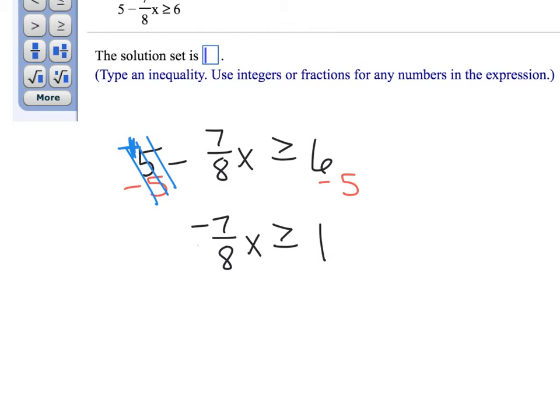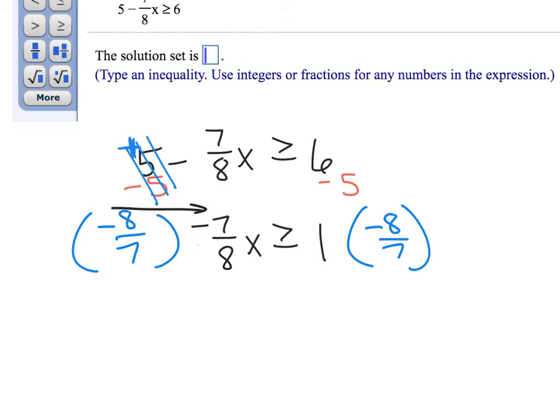So what am I going to do? I'm going to multiply both sides by negative 8/7. And so what do I get on the left? Well, negative 8 times negative 7 is positive 56. 7 times 8 is positive 56.